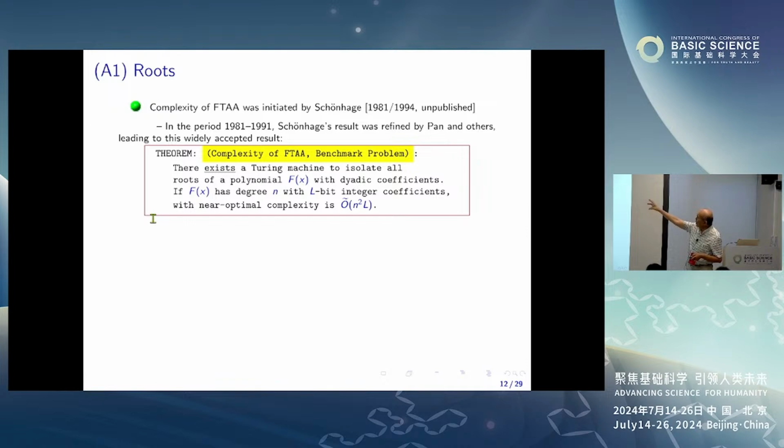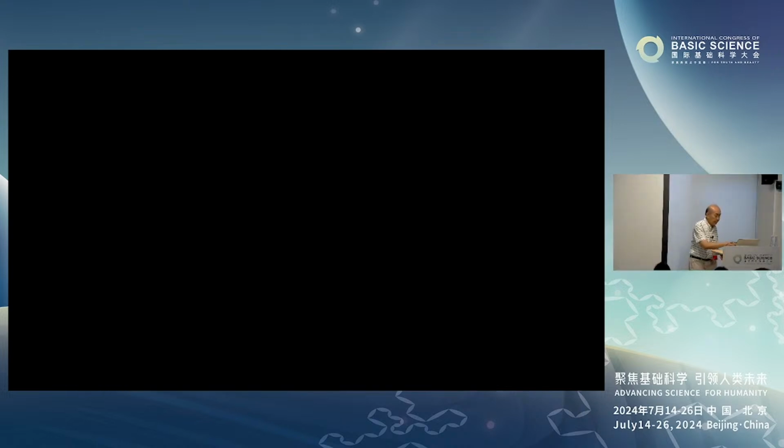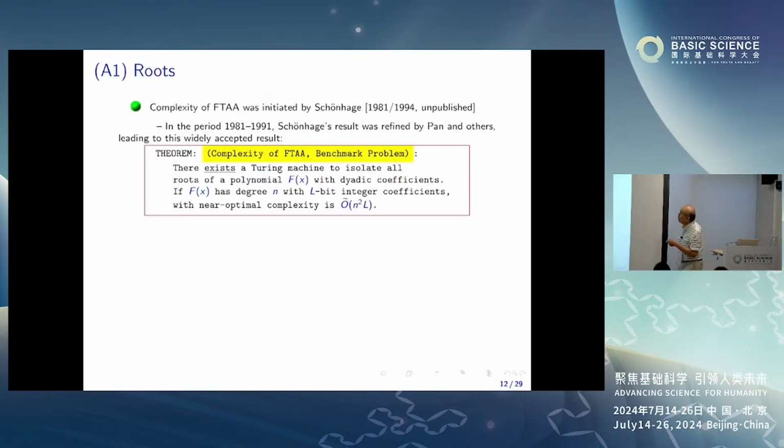by other people. So, I tend to believe in this result. Isolate all roots of a polynomial. Of course, means 40 is a power of 2. How do we get the algorithm? Static.